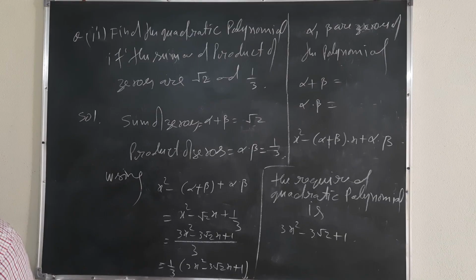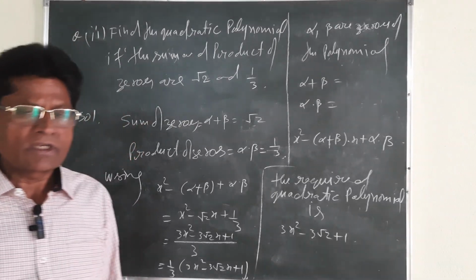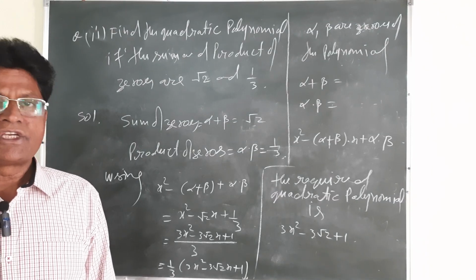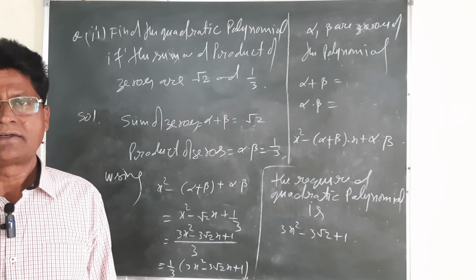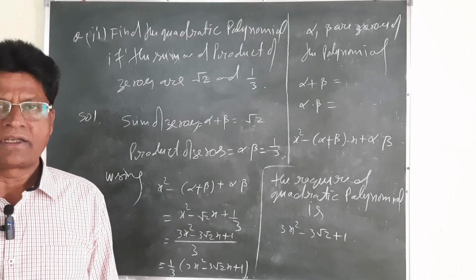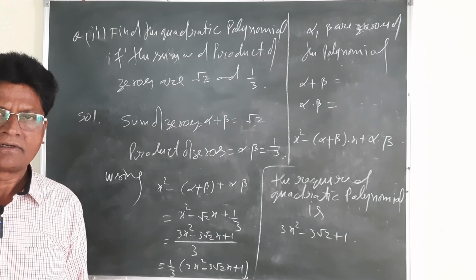Dear student, I think you must have got the relationship between the zeros as well as the coefficients of the quadratic polynomial, as well as the formation of the quadratic polynomial.